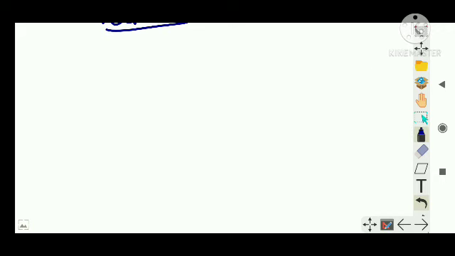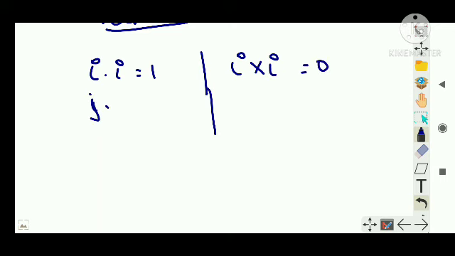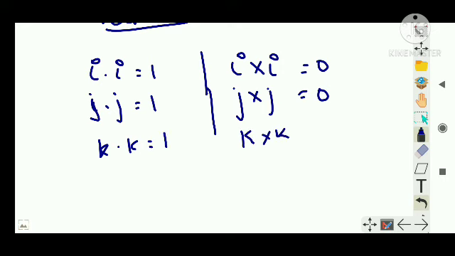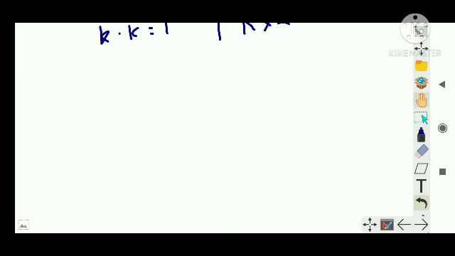Here it is a little bit different. Earlier when I dot I was 1, here when I is crossed with I, you will get answer 0. Earlier J dot J was 1. Here when you cross J with J, you will get 0. K dot K is 1, but K cross K is 0. That is, when you cross the like unit vectors, you will get 0. Clear? There is a reason, but you need not study that.